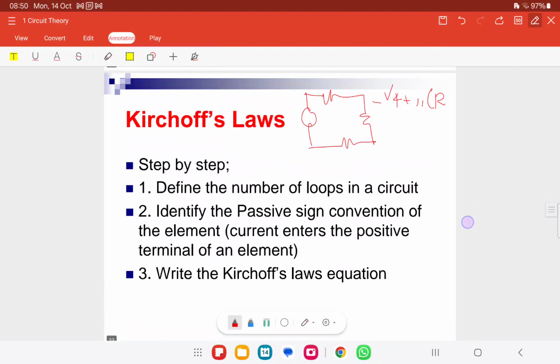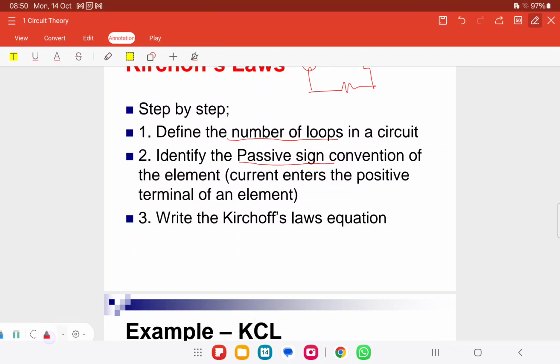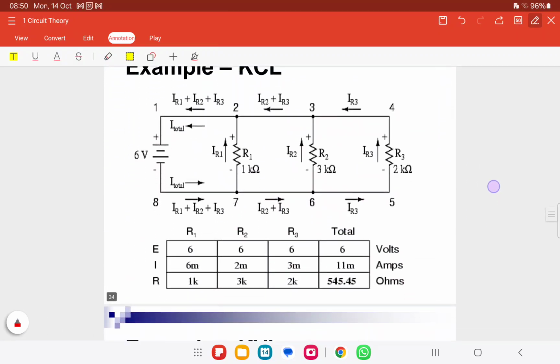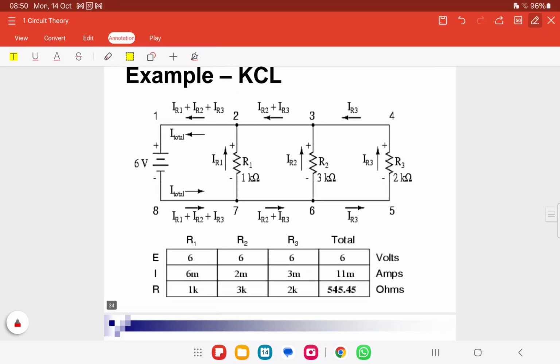Okay, so this is steps to do the Kirchoff law. First is determine number of loop. Kena tahu berapa loop. And then kita tengok what are the elements yang ada in the circuit tu lah. Okay, so this is simple one on the KCL.